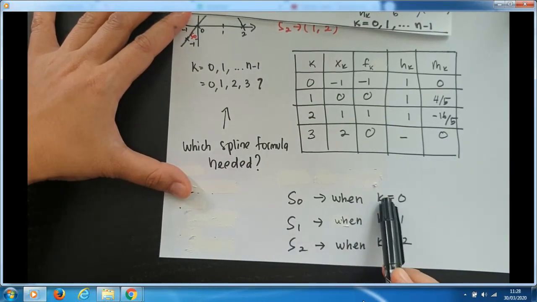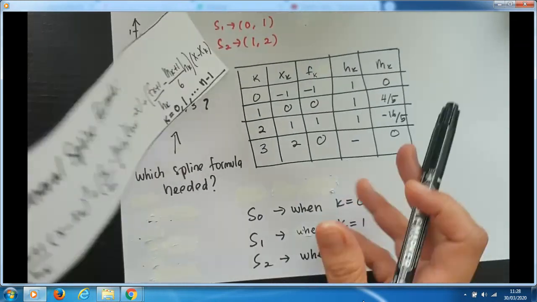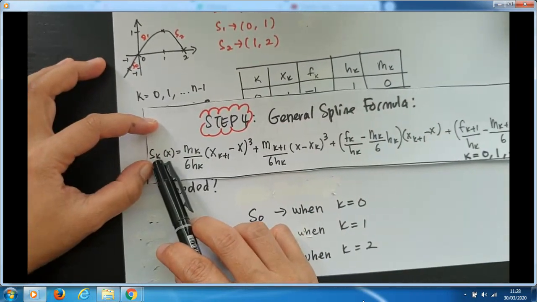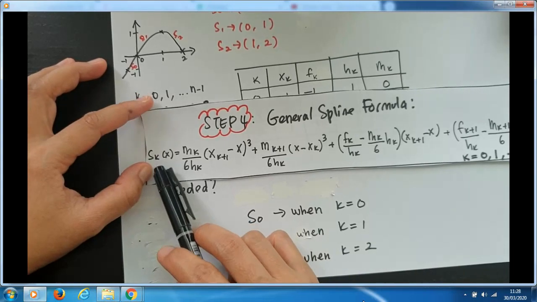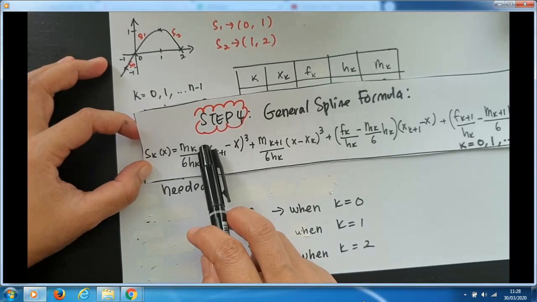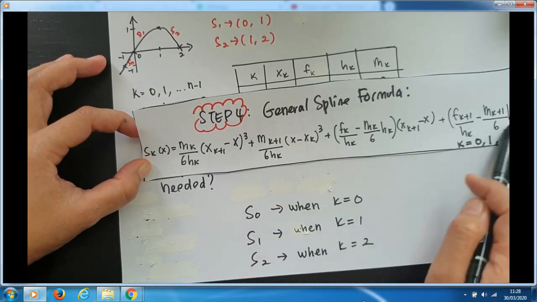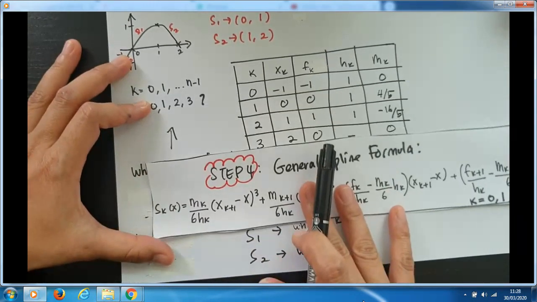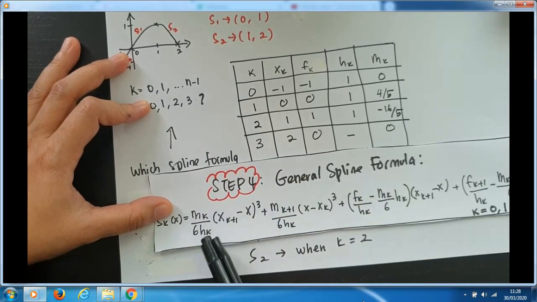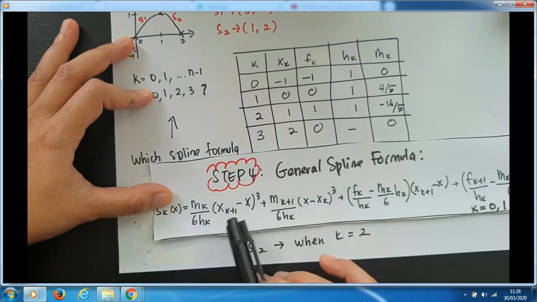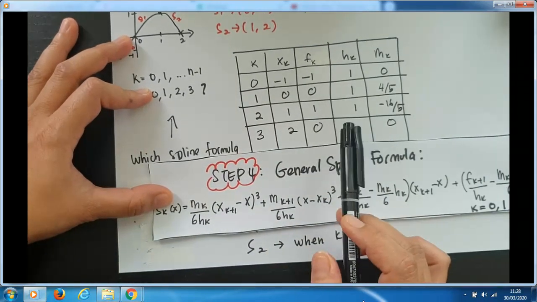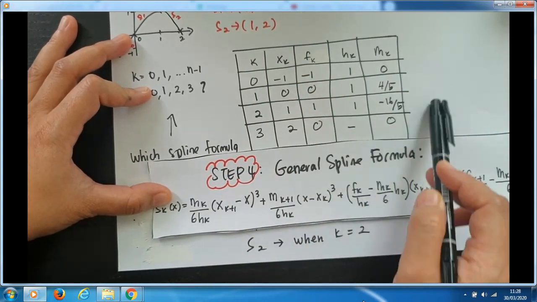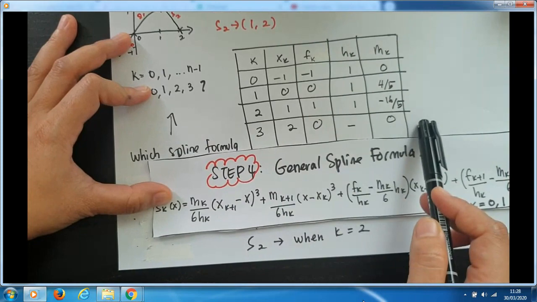So for S0, kita akan gunakan this general formula. Kita gantikan the k equal to 0. So just replace every k in the formula with 0, and then you akan masukkan nilai M, h dan x according to the value that you dah pullkan in this table.